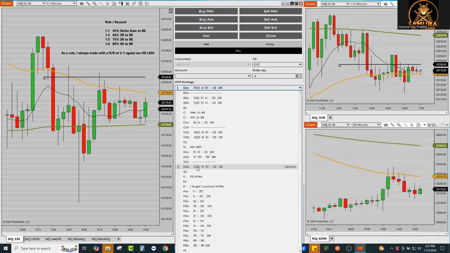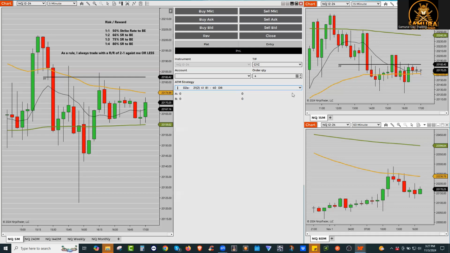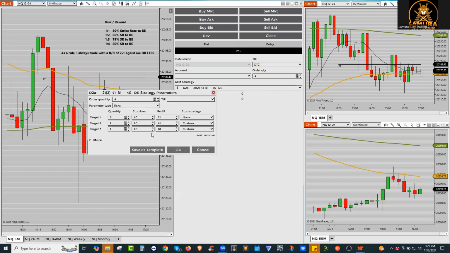Okay, there it is. 2 times 21, 41, 81. That's one-to-one risk reward. Now 2B will make 2-to-1 risk reward. And all we need to do is change the stop loss to 80.